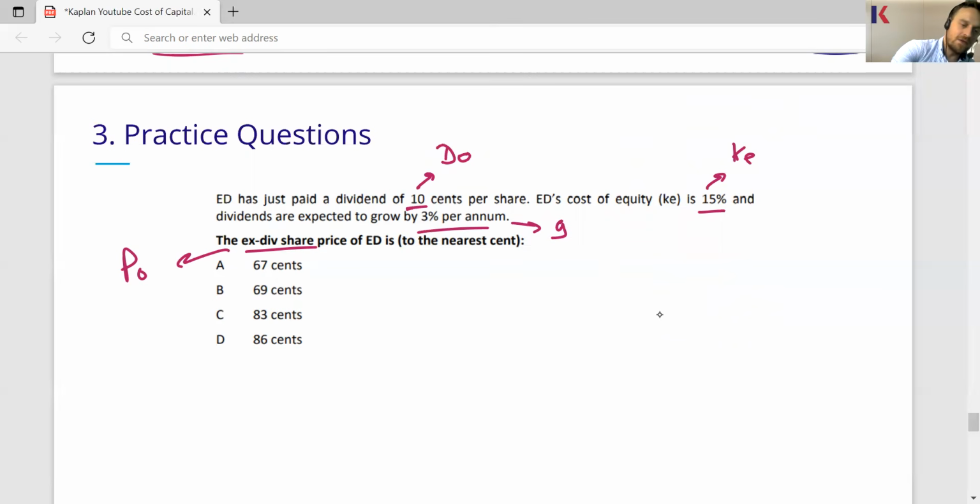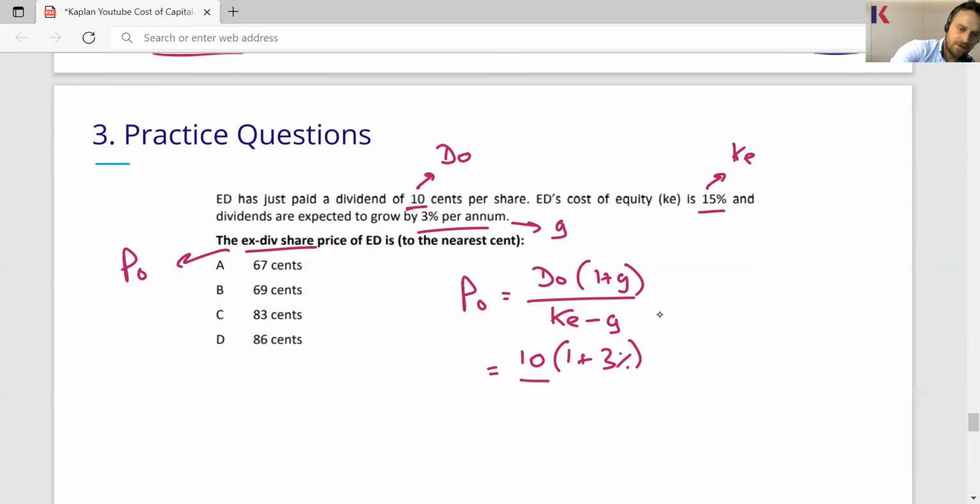So it is going to be the rearranged one that you can use now. So P naught equals D naught times 1 plus G over KE minus G. So that's the rearrangement of that formula if you want to use that. And if we do that, you end up with D naught is 10 times 1 plus G, which is 3%, over KE, which is 15%, minus 3%. And that will give us our share price.